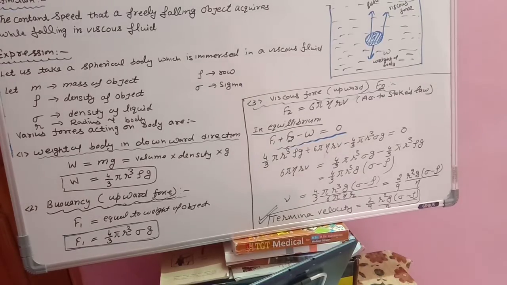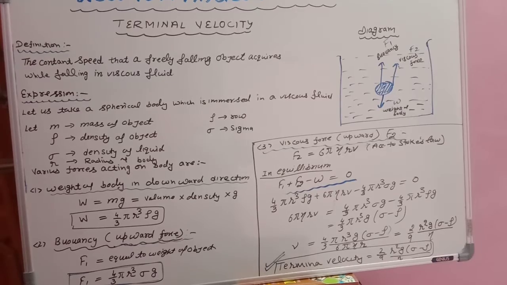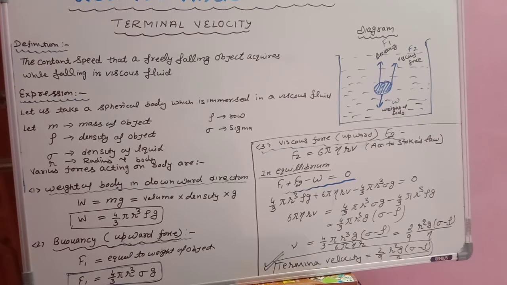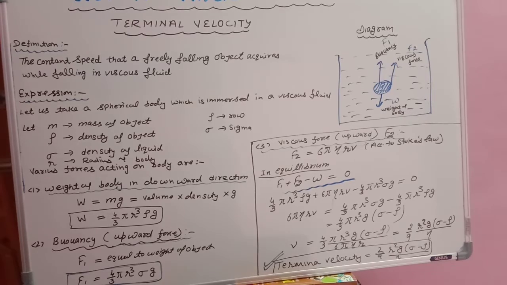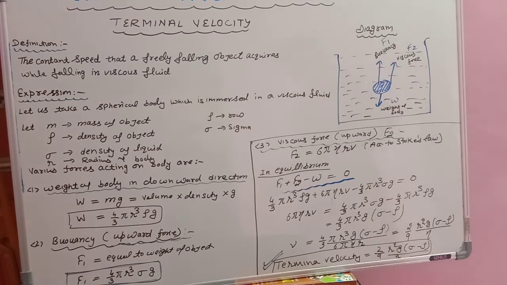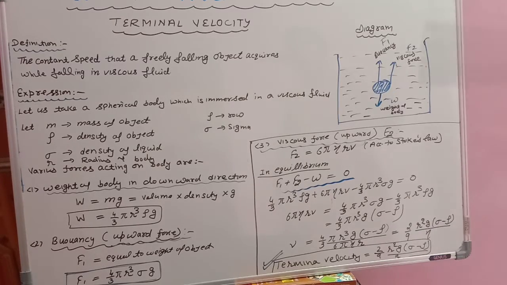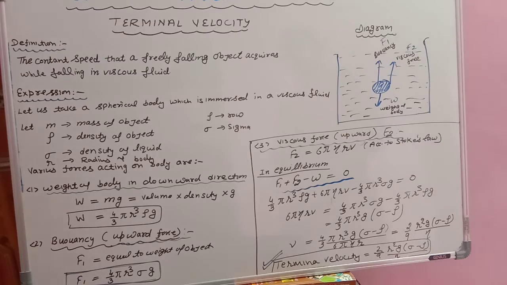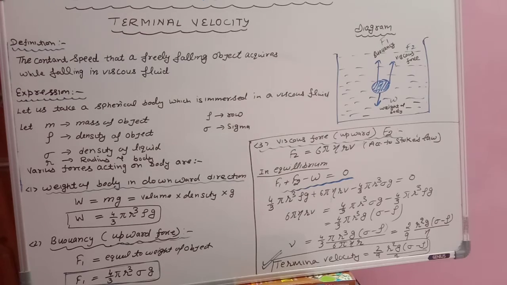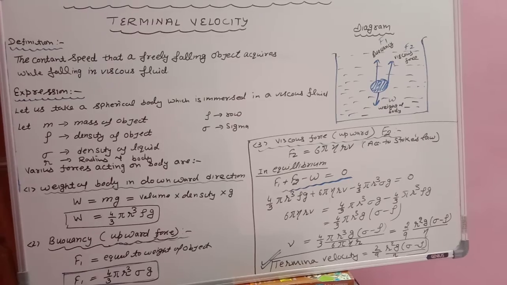Now the question is what kind of force is there which is resisting the movement, which is resisting the acceleration of the body? So three forces, not a single one, are acting on the spherical body, and today we are going to study these three forces, and ultimately we will find one expression for velocity, what we call terminal velocity. So let us see the definition.